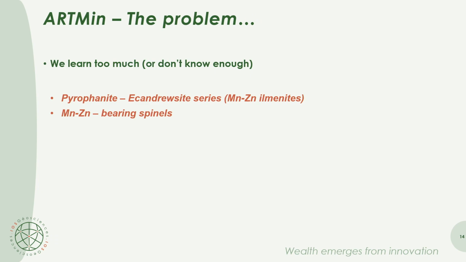The problem with ArtMin is we learn too much or we don't know enough. So we pick up all kinds of things. For example, in almost every sample from Quebec, we pick up minerals from the pyrophanite-eckentrusite series, which are manganese, zinc ilmenites. What does that mean? We don't know. Is it significant? We don't know. Same thing for the spinels.